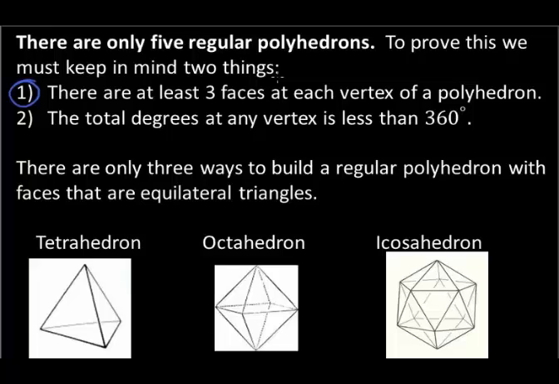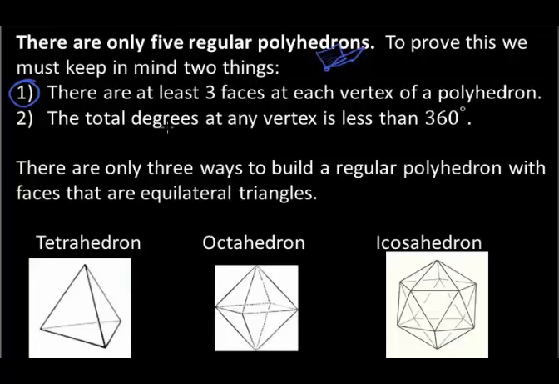If you had 2 faces, we could have one face coming like this and maybe another face like that, but you've got to have something to fill in here. You'd have to have another face to make this the vertex of a polyhedron. You have to have at least 3 faces.